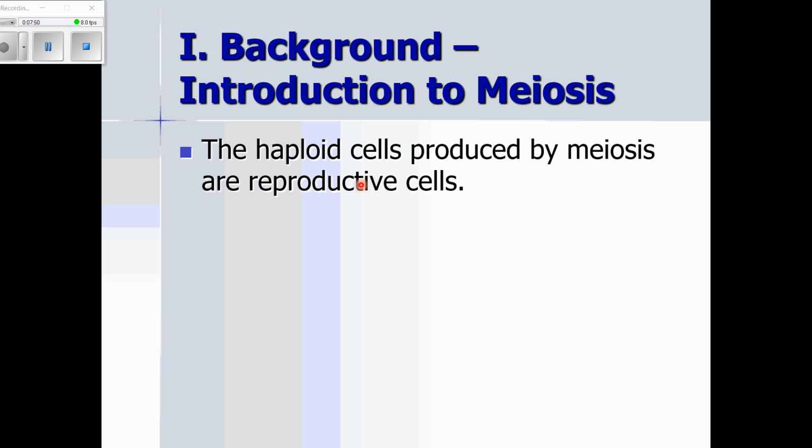We use mitosis when we grow. We use mitosis to replace the cells that are constantly dying, just maintenance of the body. We use mitosis to create more cells whenever we are healing from an injury. So mitosis occurs throughout the body and serves lots of functions.